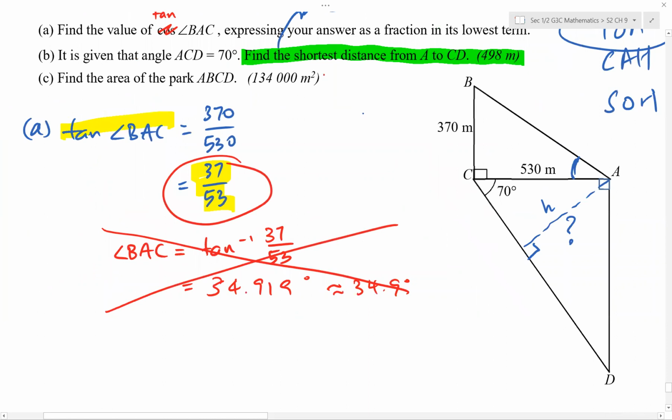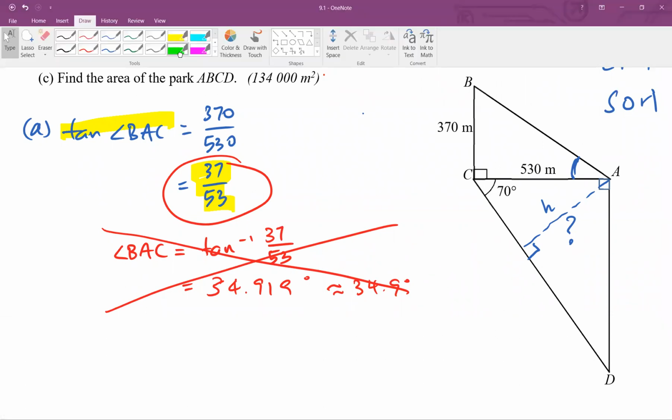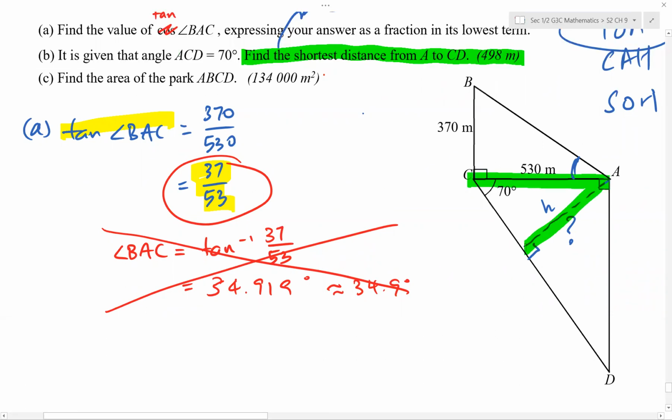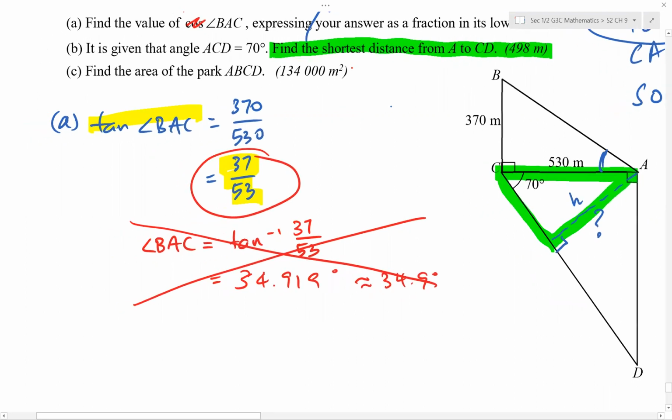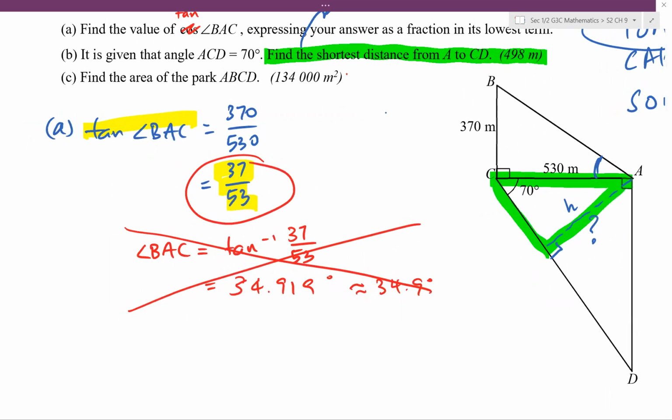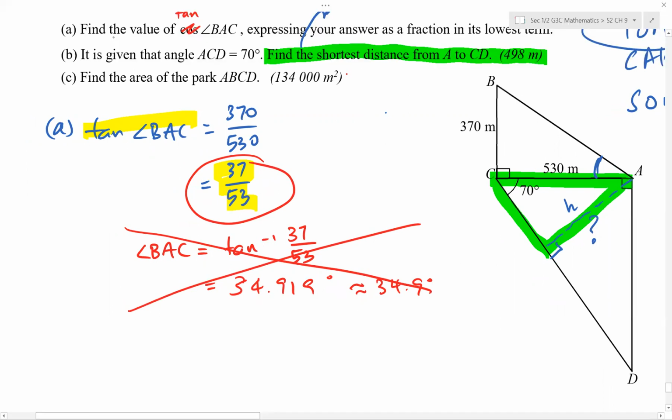With 2 newly created right angle triangles, which right angle triangle would help you find the value of H? Look at all the information you have. Which triangle has the most information? That would be this right angle triangle. Can you see that? You've got one angle already. You've got a hypotenuse of 530, and you've got the unknown H, which is what you want. With respect to 70 degrees, that would be our opposite side.